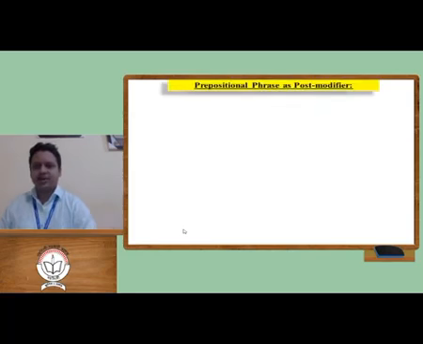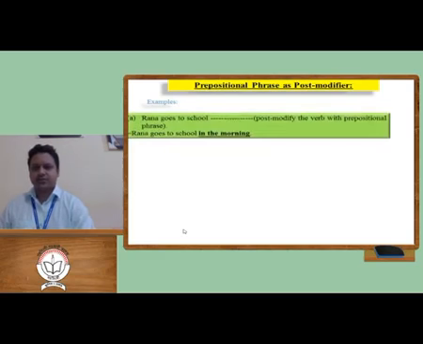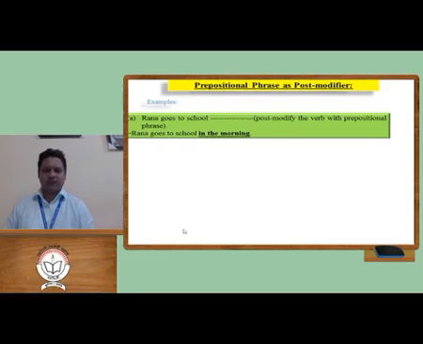Dear students, now we will know the uses of prepositional phrase as post modifier. Let us see some examples. First one is Rana goes to school. Post modify the verb with a prepositional phrase. So we have to post modify the verb go with a prepositional phrase.